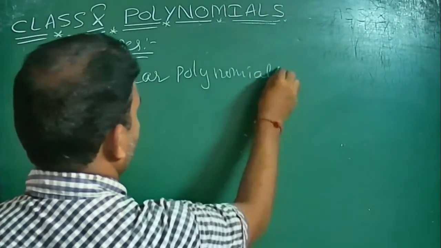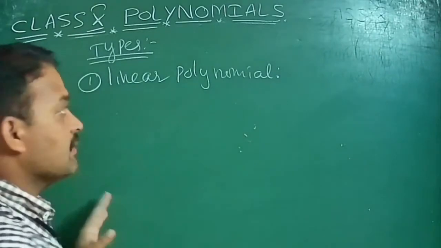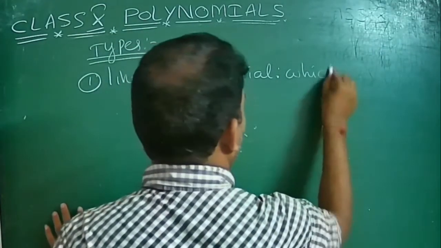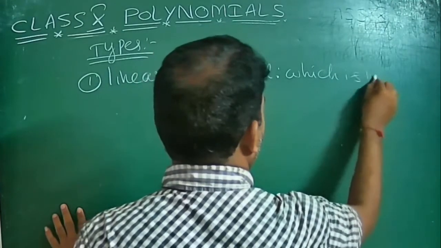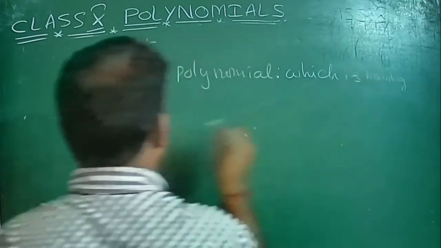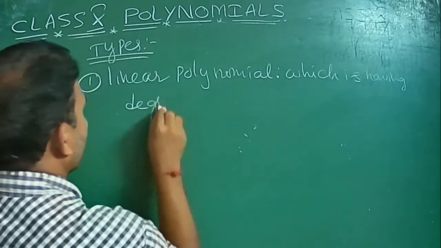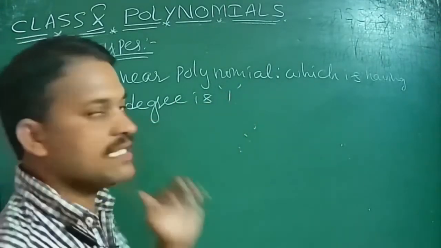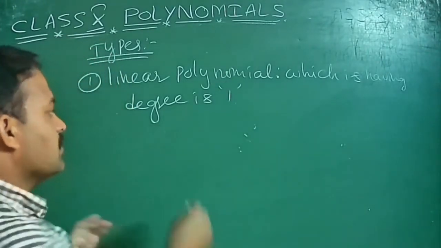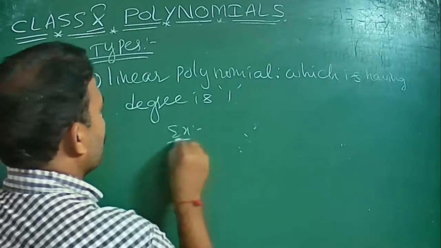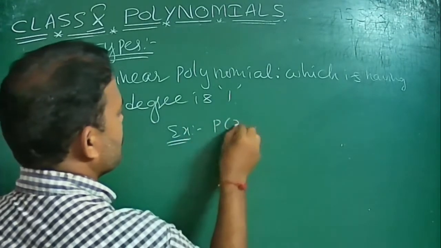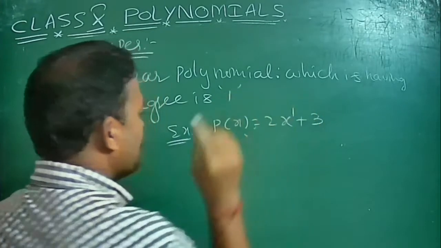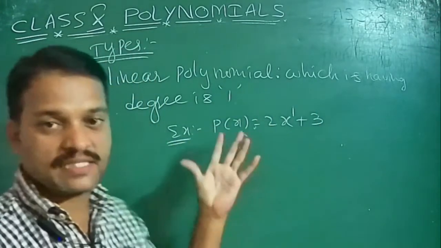A linear polynomial means a polynomial having degree 1. For example, the linear polynomial p(x) = 2x + 3. Here the degree is 1, so that's why it is called a linear polynomial.